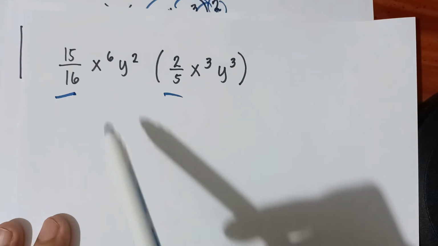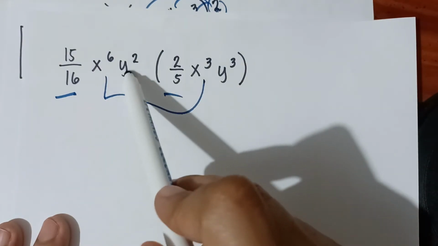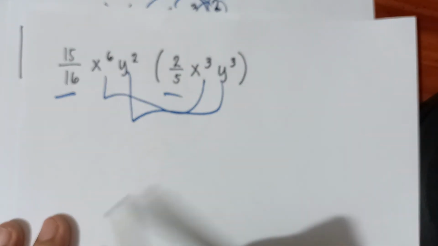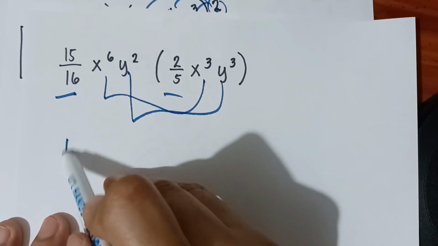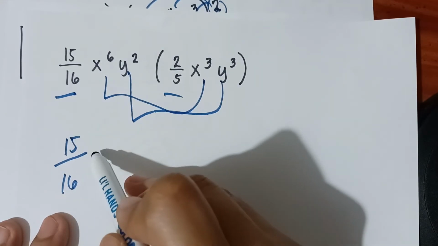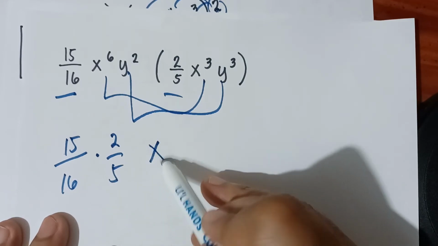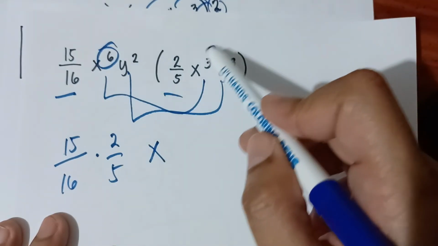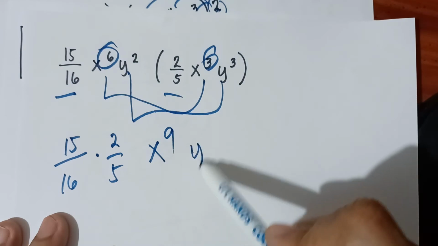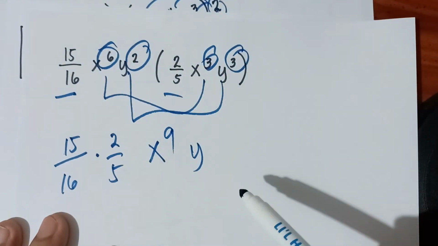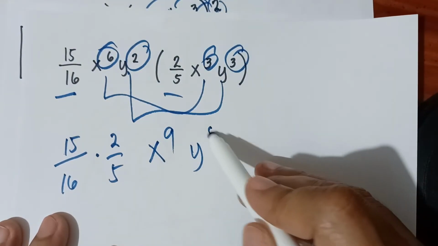Okay, and then just combining the like terms x and x, y and y. So, ang mangyayari, we can just do 15 over 16 times 2 fifth, and then x, 6 plus 3, that will be 9, y, 2 plus 3, that will be 5.